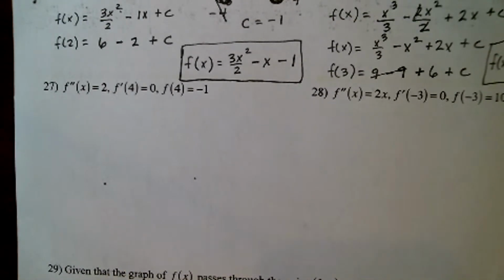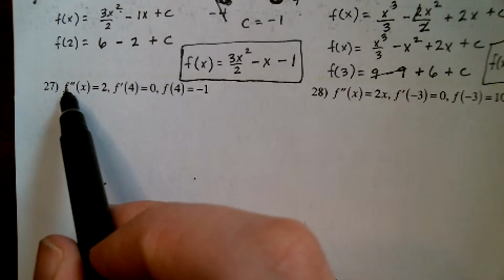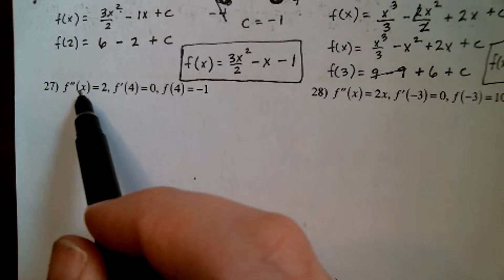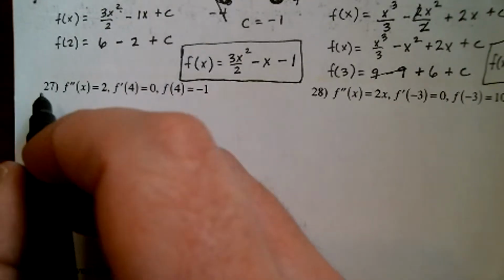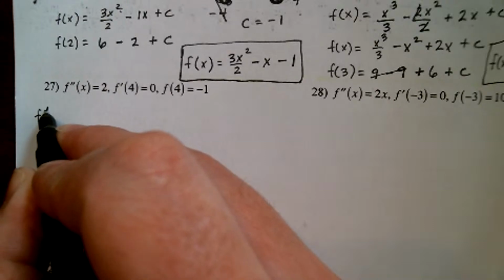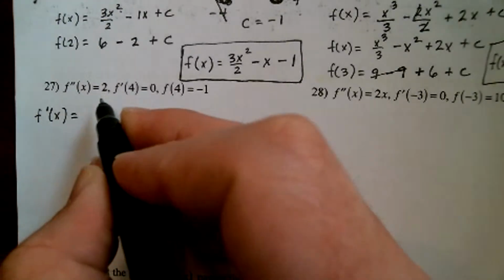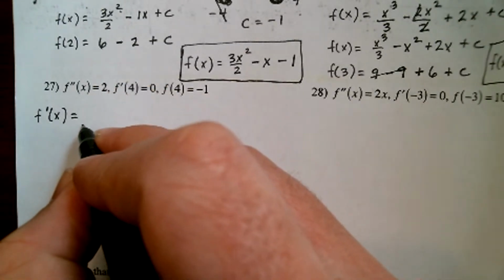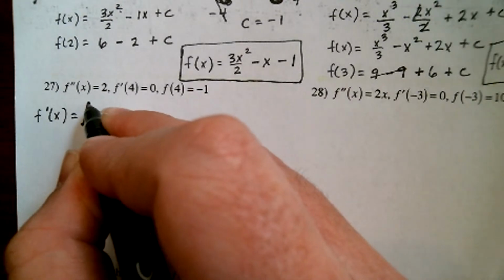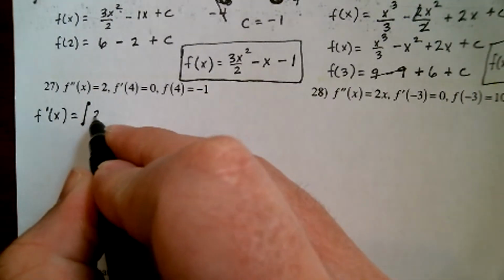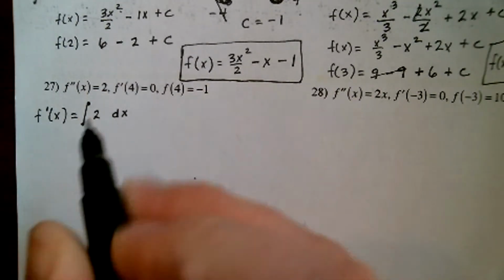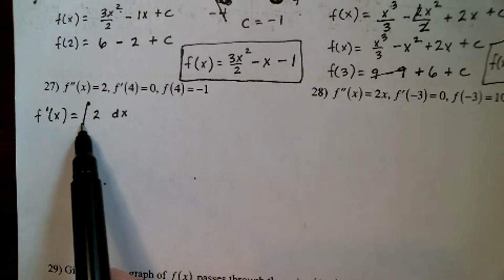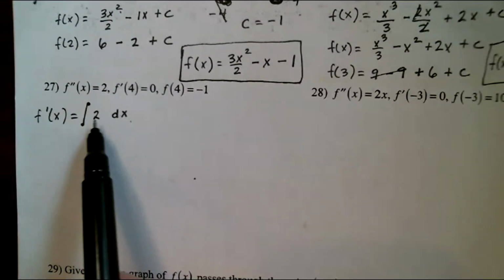All right. So here's what I know. If f double prime of x is equal to 2, then f prime of x is equal to the integral of 2 dx. Remember, these are just like bookends to hold this in.